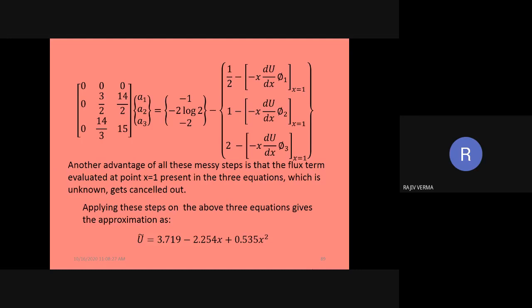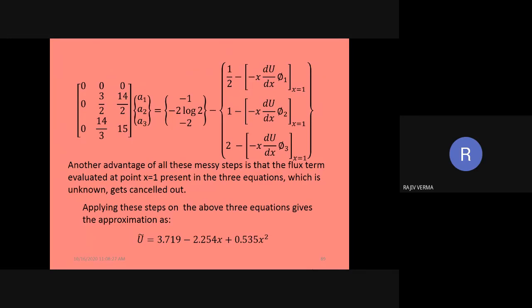It does not give the value of the unknown at xa or xb, for which you have to substitute the value of x in this equation to get the value of the unknown. So that is the additional work which you have to do.